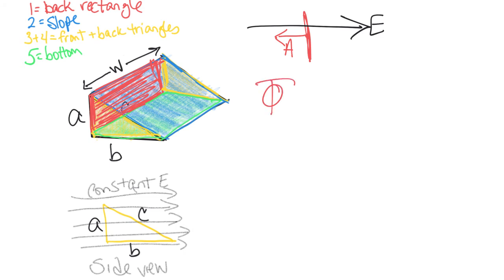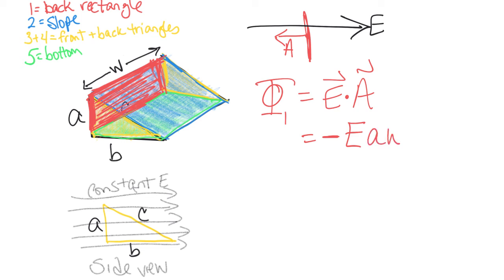So phi 1, E dot A, is going to be negative, because E dot A gives you a cosine of 180, so it's negative 1. So it's negative E times the area of this rectangle. This has the dimension little a, and this has the dimension w.